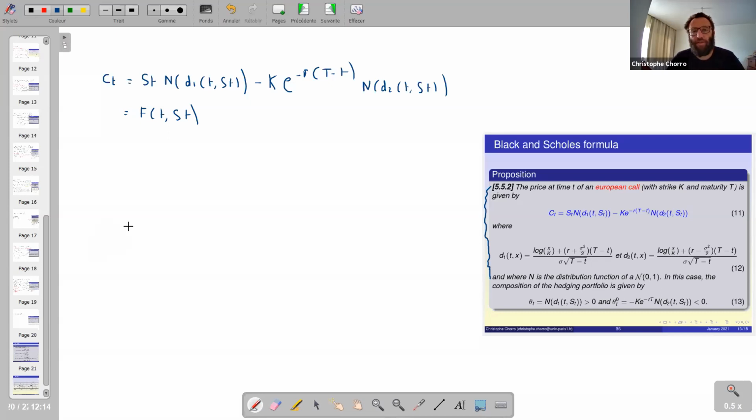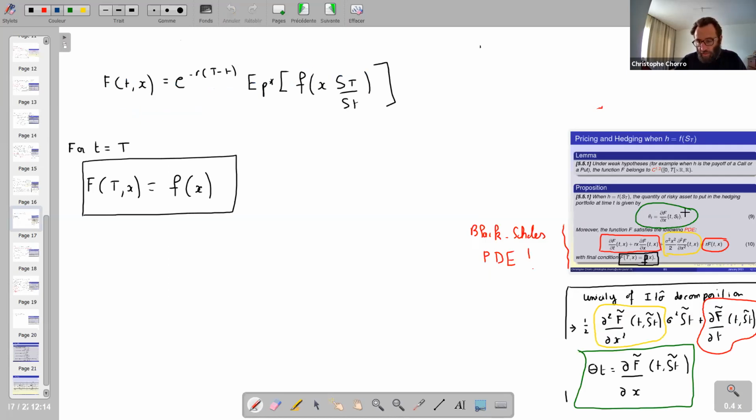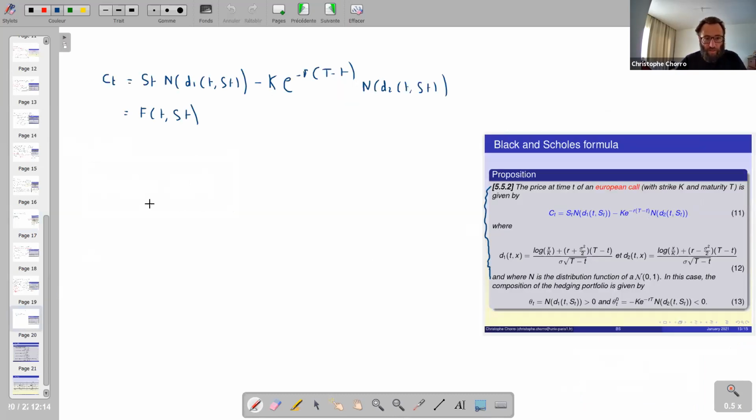If I am interested in the composition of the hedging portfolio, I know from the previous proposition that the quantity of risky asset to put in the hedging portfolio is just the derivative of the price function with respect to x. So for the hedging portfolio, or the replication portfolio, it's the same thing.